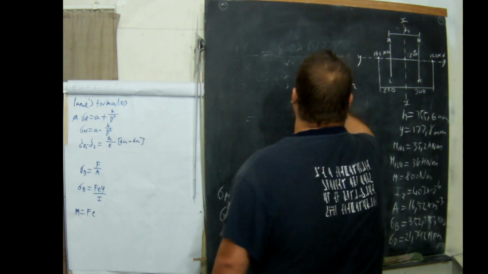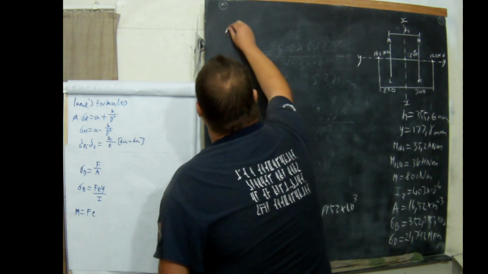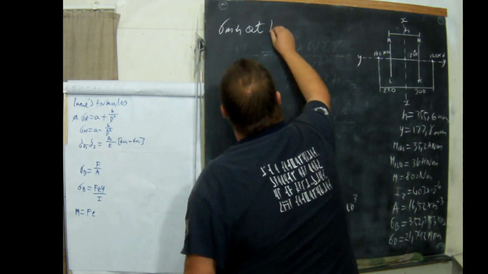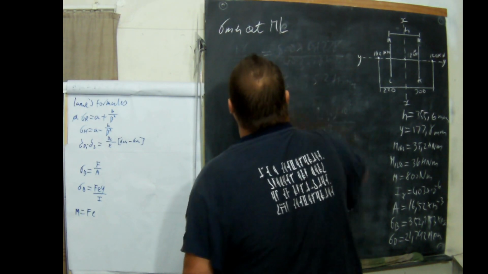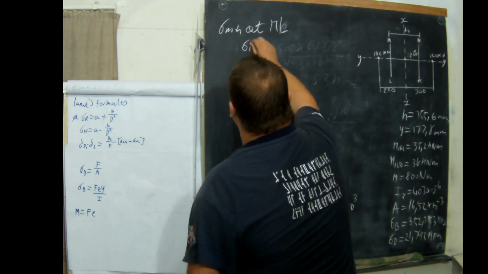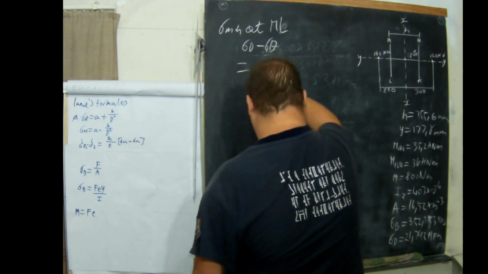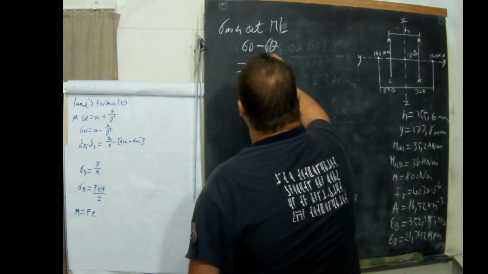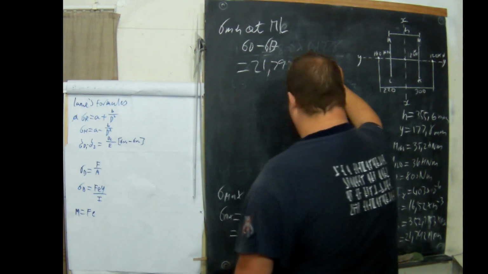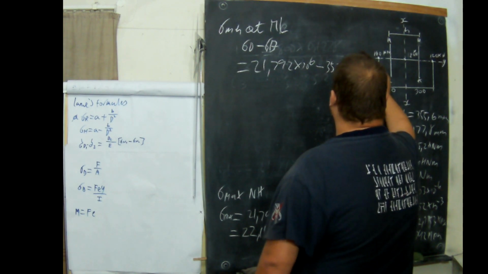Since we've worked all this out, the minimum at ML is D minus B, which is equal to 21,792 times 10 to the 6 minus 352,953 times 10 to the 3.